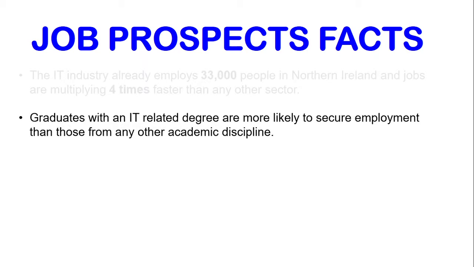Graduates with an IT-related degree are more likely to secure employment than those from any other academic discipline. If you go on to Job Finder tonight and type in, for example, programmer, you will see thousands of jobs in Northern Ireland alone. That is why you are more likely to secure employment, because there are so many jobs out there and so many opportunities for moving between companies, not only within Northern Ireland, but within the UK and beyond.